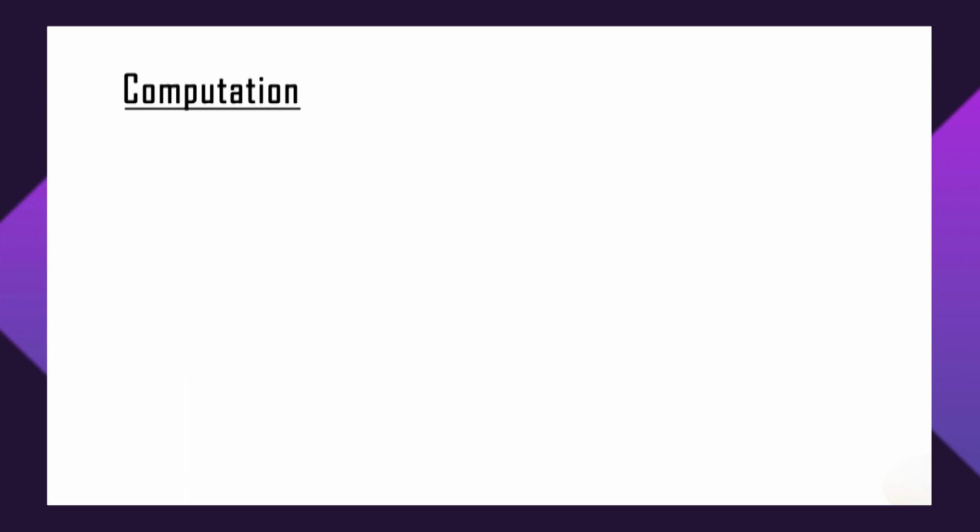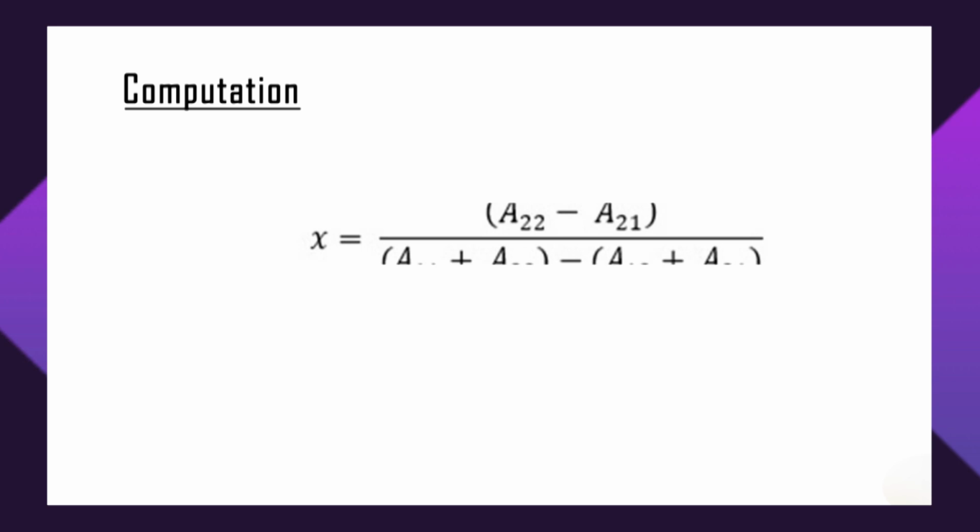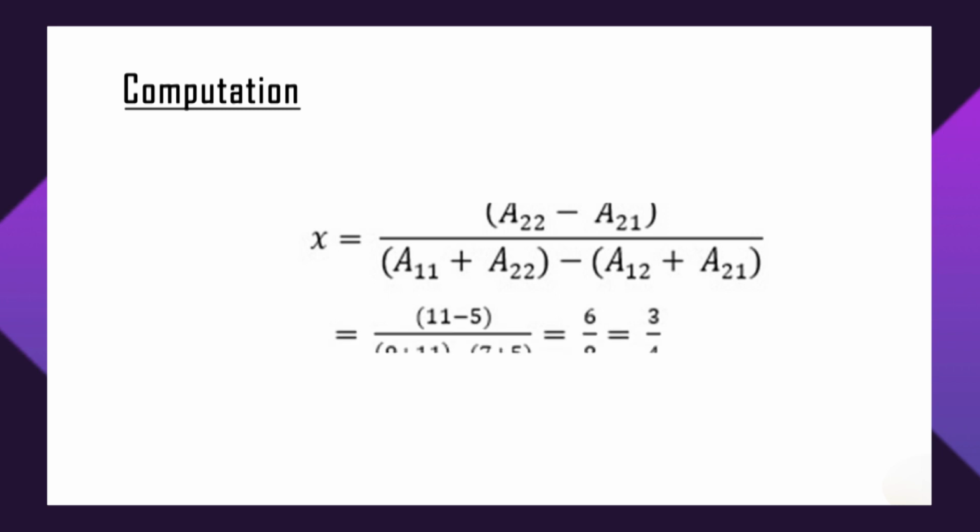Simply A22 minus A21, the second row second column minus the second row first column, and the denominator is defined by the first cell and the last cell.